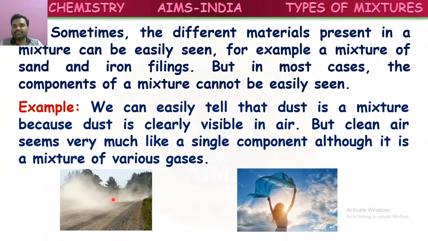But even though it is seen like a single component, it is a mixture of various gases like atmospheric nitrogen, oxygen, carbon dioxide, and some other impurities, noble gases. These all are present in the atmospheric air. It seems like one, but it is made up of so many compounds. So some mixtures seem to be made up of one component, but they are made up of different components that are not seen clearly. In some mixtures, the components are clearly seen.